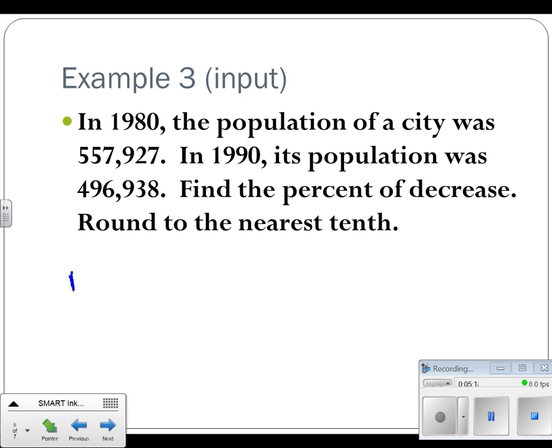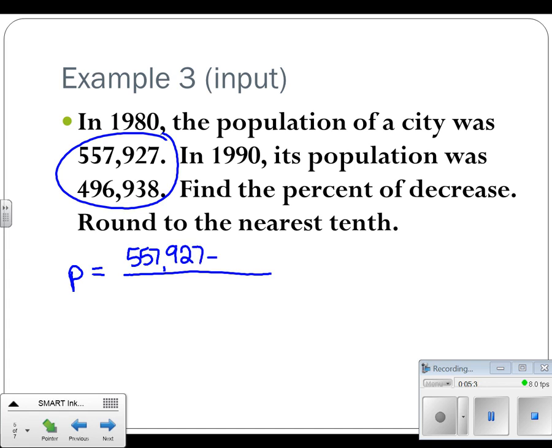So P, that percent of change, is the amount of change. Now when we're finding the amount of change here, we're going to take the greater value, which is 557,927, subtract the smaller value of 496,938, and divide it by the original.